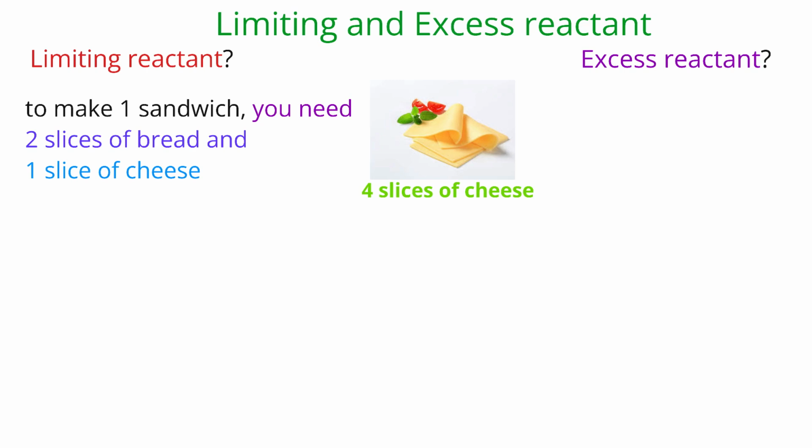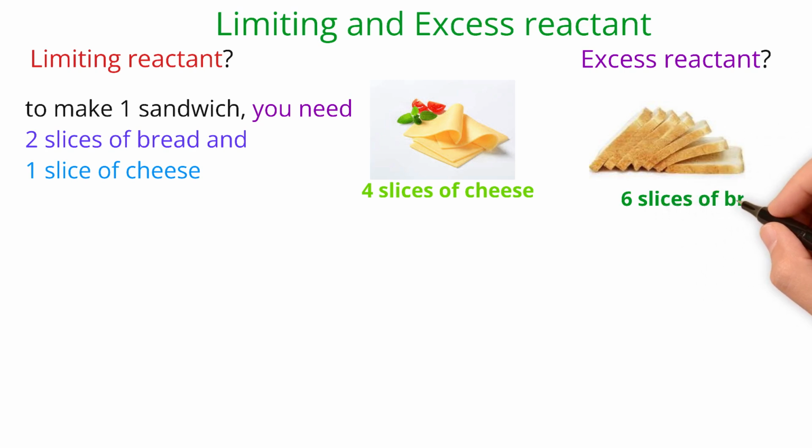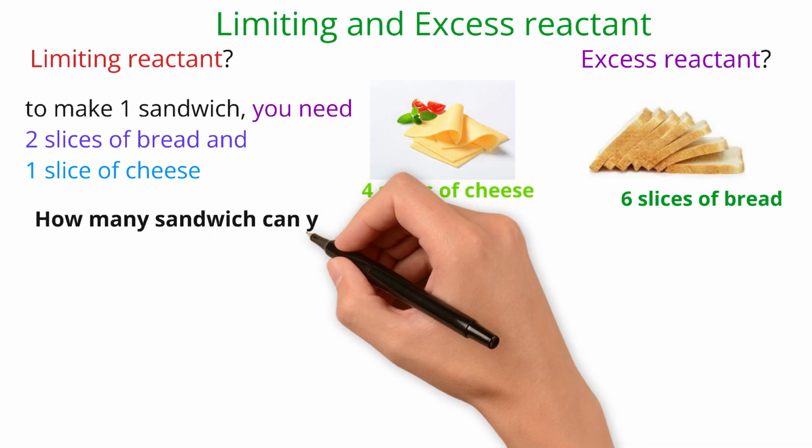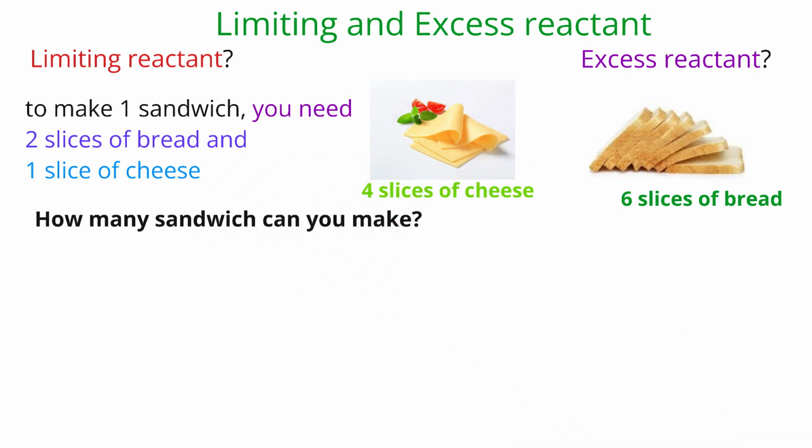Now let me give you 4 slices of cheese and 6 slices of bread. From this given, from 4 slices of cheese and 6 slices of bread, how many sandwiches can you make? Think a moment.